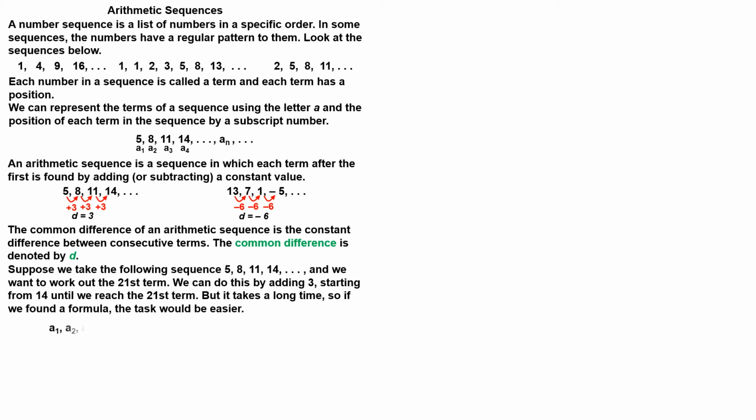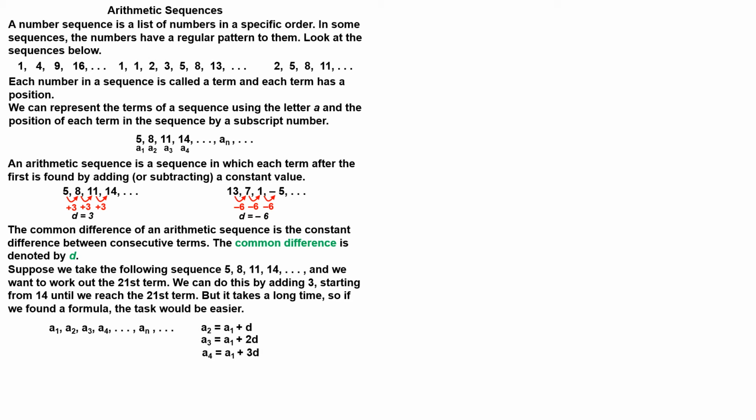Pay attention. Suppose the first term of an arithmetic sequence is a sub 1 and the common difference is d. We can rewrite this sequence as follows. The second term is the first term plus the common difference. The third term is the second term plus the common difference. The fourth term is the third term plus the common difference.